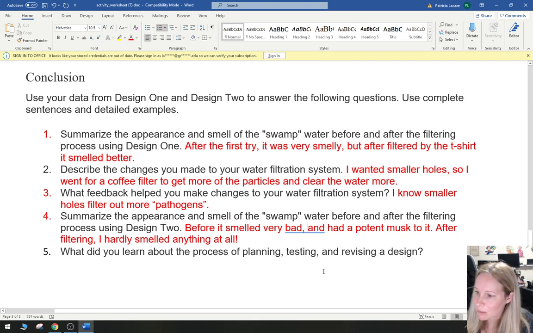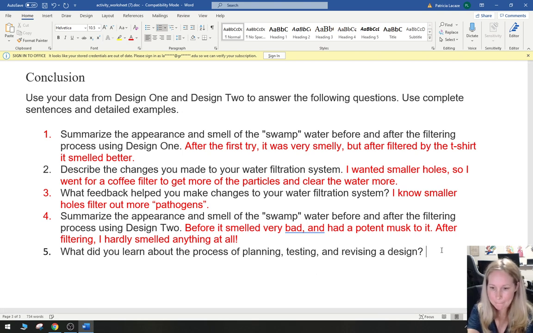All right, what did you learn about the process of planning, testing, and revising a design? Okay, why do we even redesign things? Why don't we just go with my first one and say that's fine? I don't need anything.